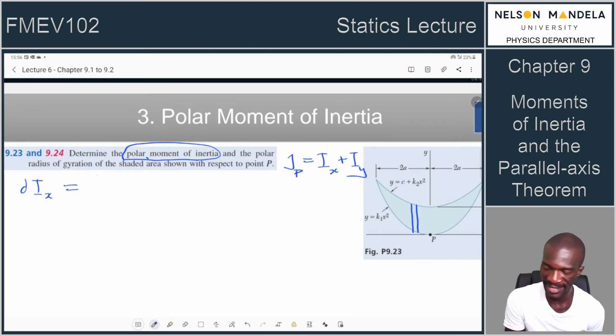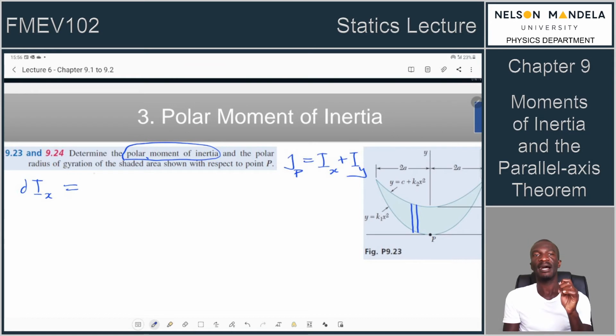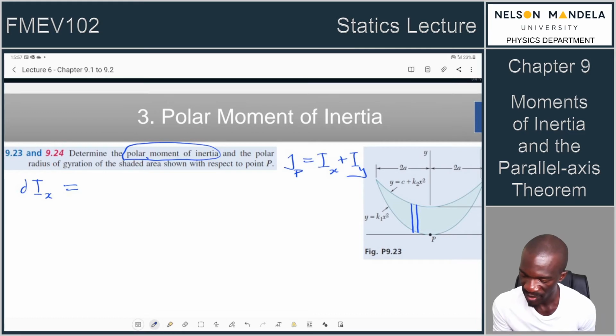We know dIx is the moment of inertia about the x-axis. If we have a vertical strip and we are dealing with the x-axis, what did our equation say?